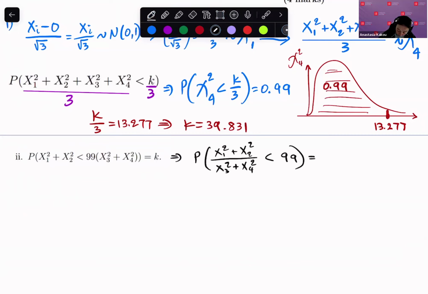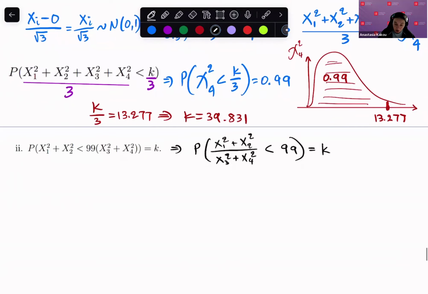So find that probability. Okay, so that reminds us that this expression, because you have squared terms both in the numerator and the denominator, suggests that we should try to create an F distribution.